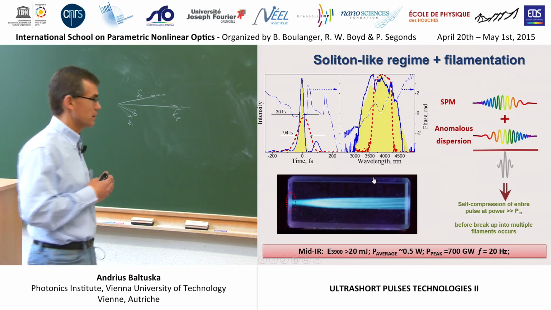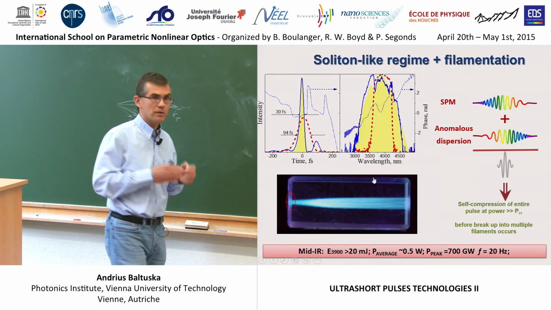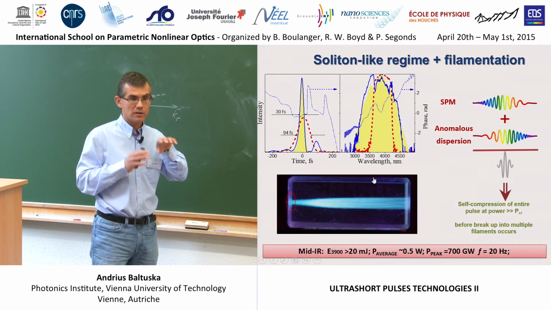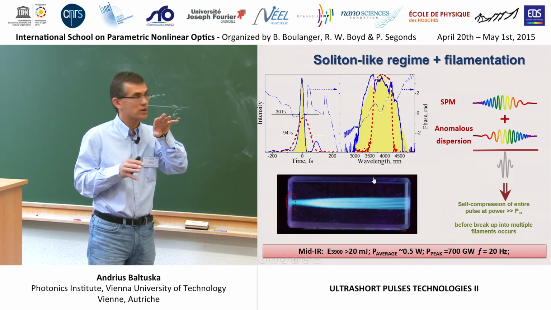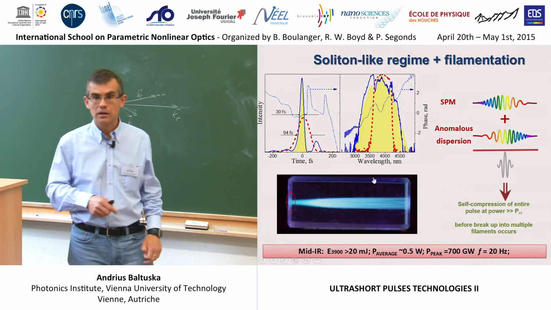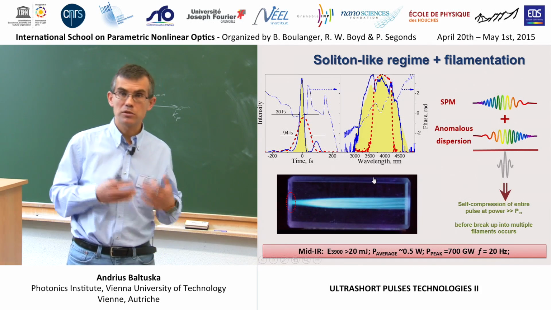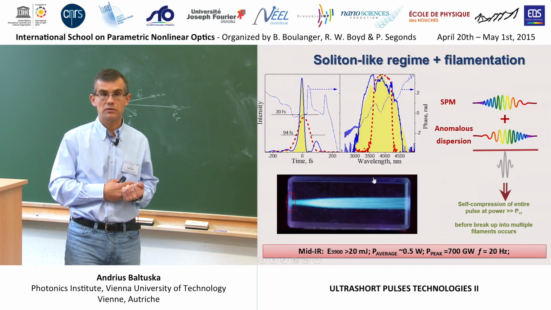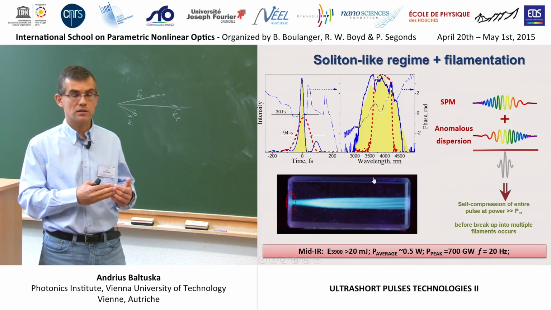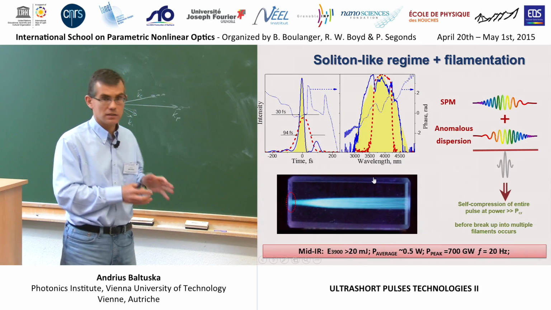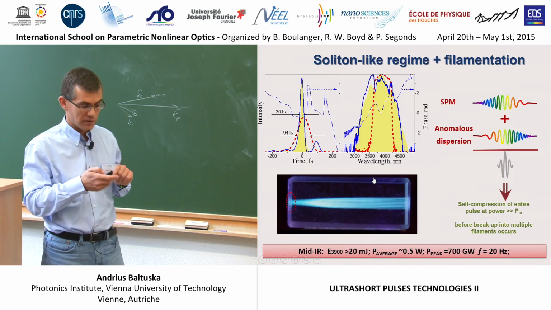Now, where is the trick? Normally when you send such a pulse into a material, it will quickly split into multiple filaments, because here you're working at peak powers which are almost 4 orders of magnitude above the critical power of self-focusing. So if you don't check this interaction, it will cause what you see here in a long crystal, splitting into multiple filaments.